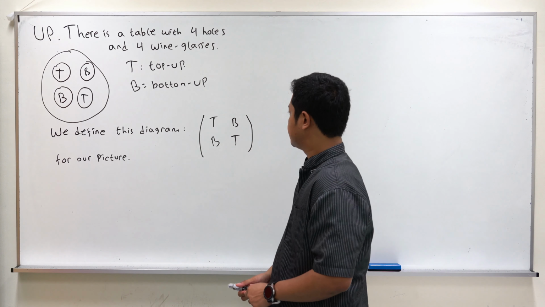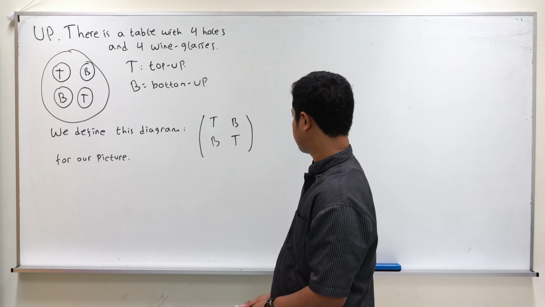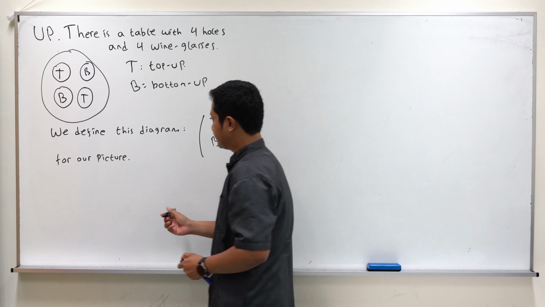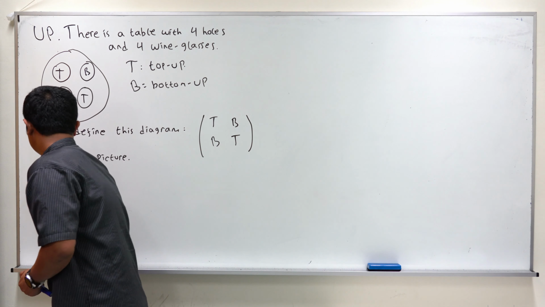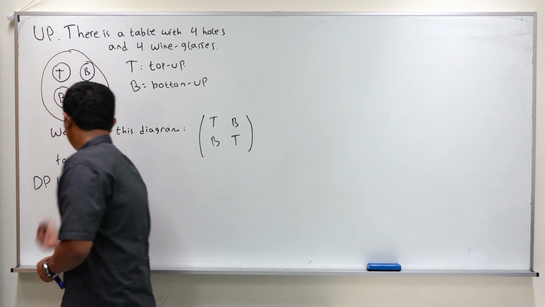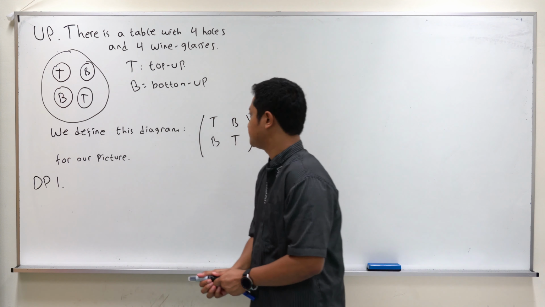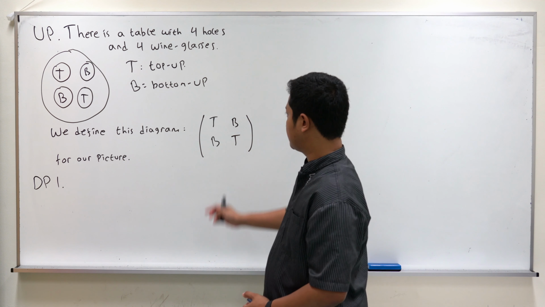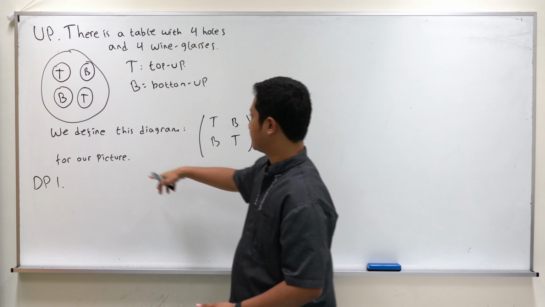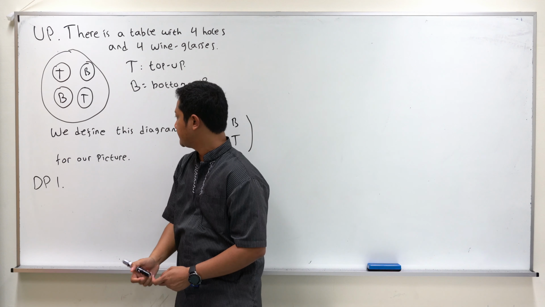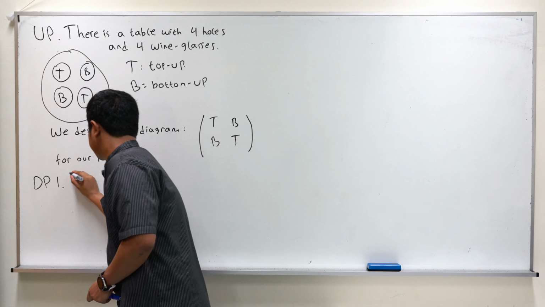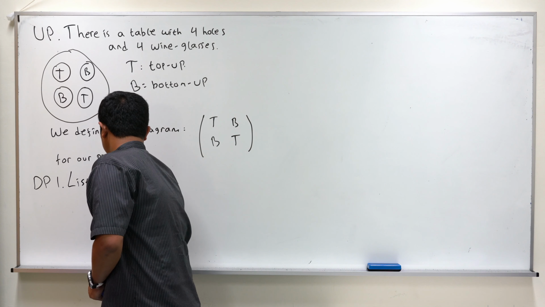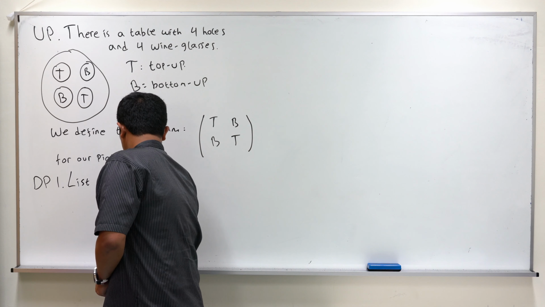Okay, now what we have to do, I think I understand the problem. Then, okay, devise plan 1. Okay, so I know, but I don't know the orientation of each of them. So maybe it is better to list all possibilities.